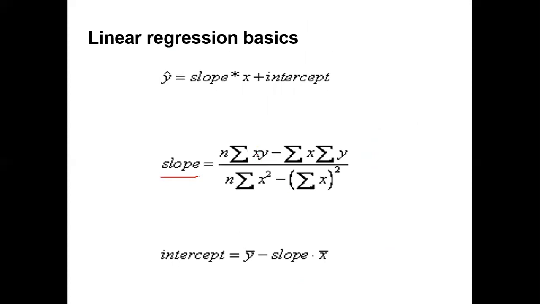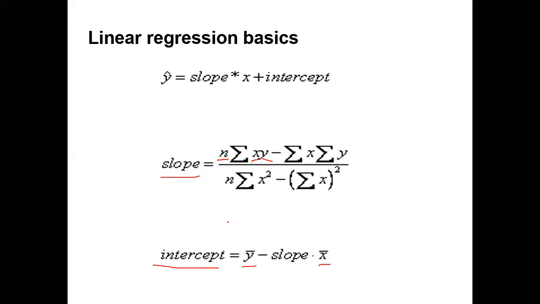By putting the values of x and y here, along with the number of points in the data set, where x is my variable and y is another variable, you will get the value of the slope. Once you have calculated the slope, you can find the intercept. It is represented by y mean minus slope into x mean, where y bar indicates the mean of the y variable and x bar indicates the mean of the x variable.